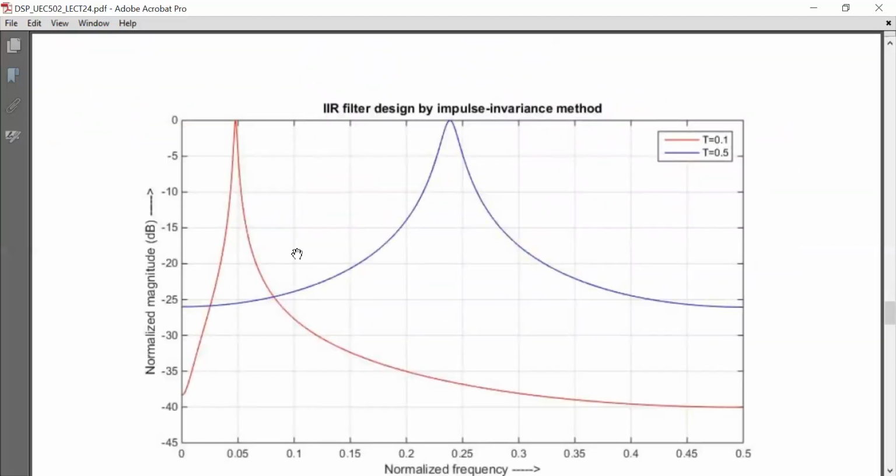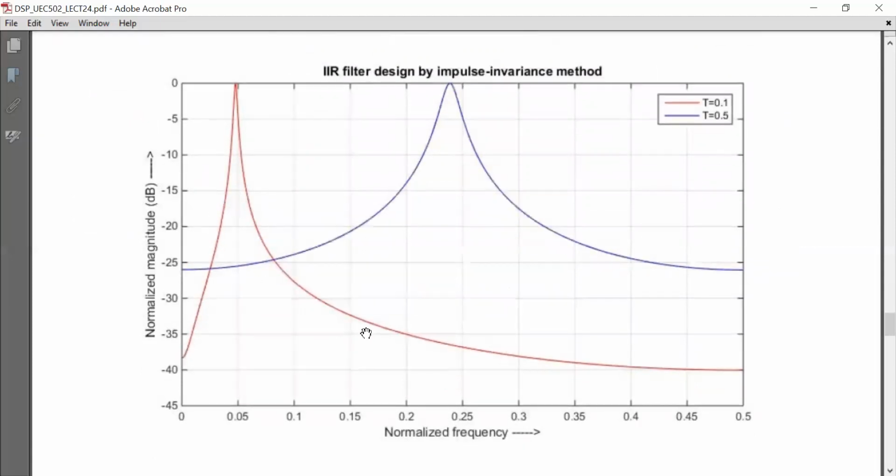At T equal to 0.1, the magnitude response is accurate.